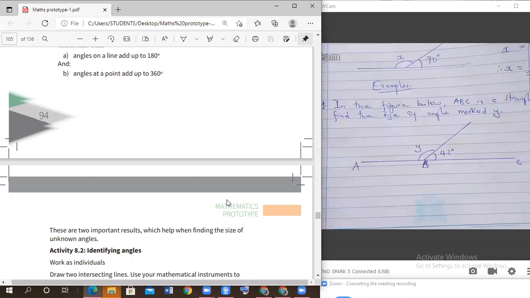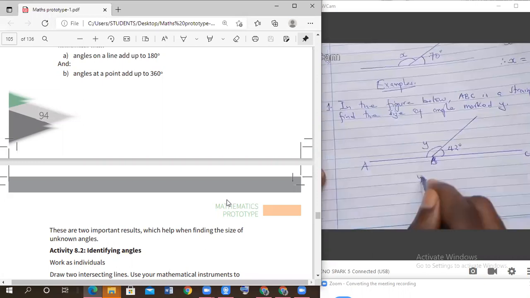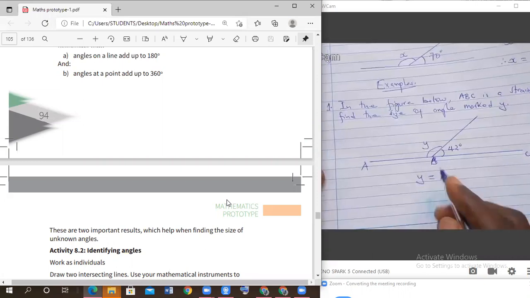So what is the angle? 138 degrees. Y is 138 degrees. Good.